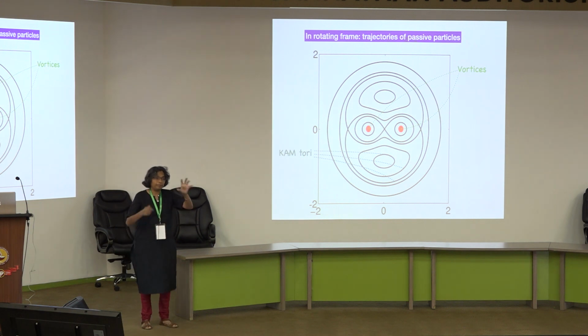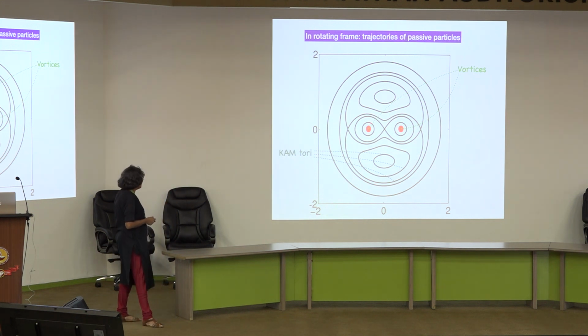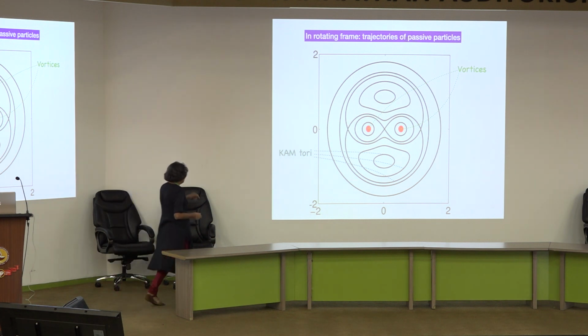Suppose I put particles in this flow which just go with the flow velocity, that's all. They're just very tiny passive particles. Here are the vortices, because remember I'm in a co-rotating frame. So these two center things are always going to be the vortices. And this picture is going to recur several times in this talk, so please look at it a little bit.